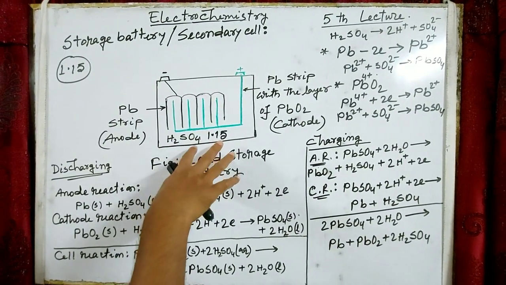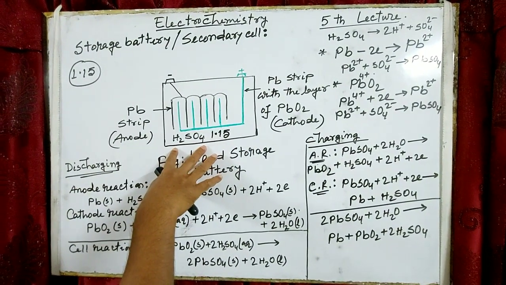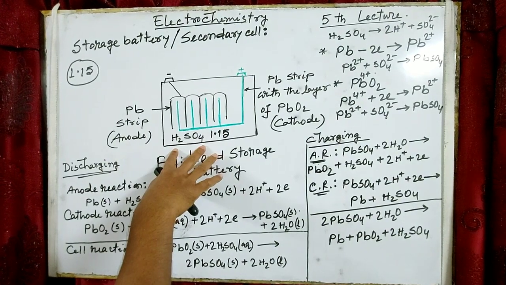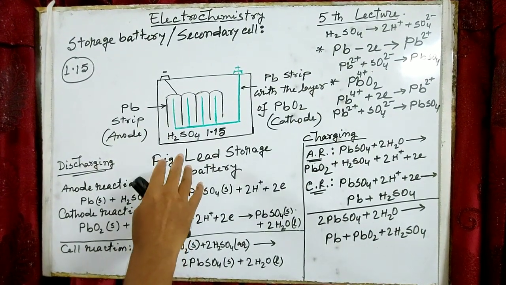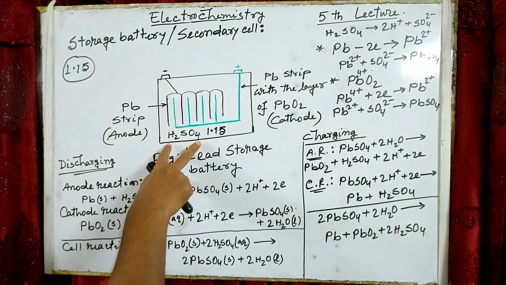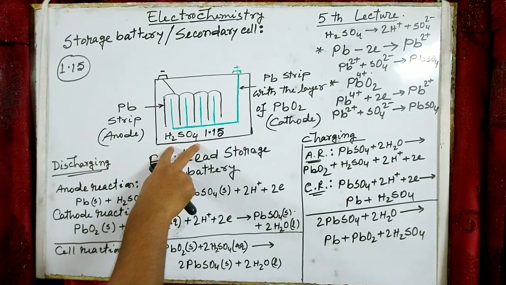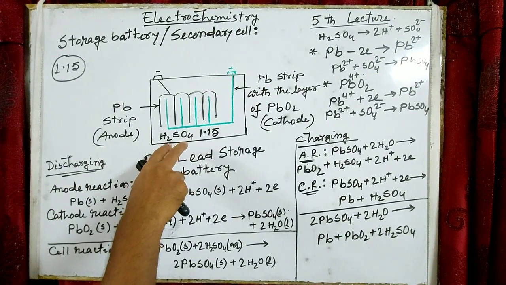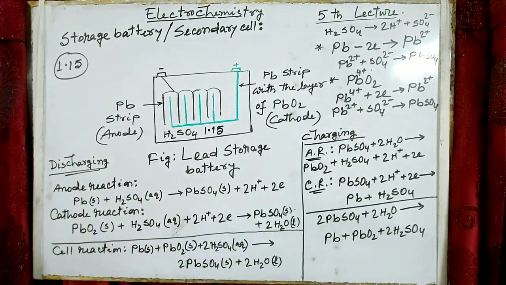Due to the removal of water, the density or concentration of sulfuric acid is increased. That's why to dilute it and convert it to the previous concentration, a small amount of water has to be added to the lead storage battery during the charging.